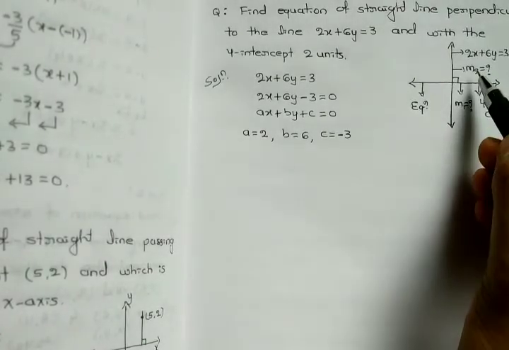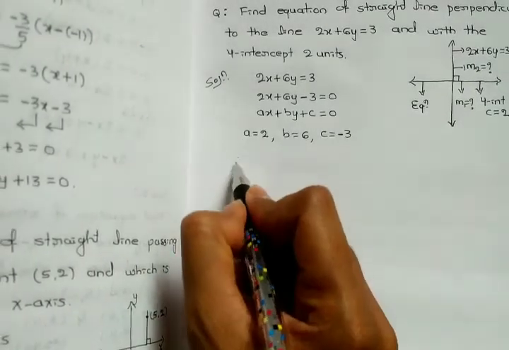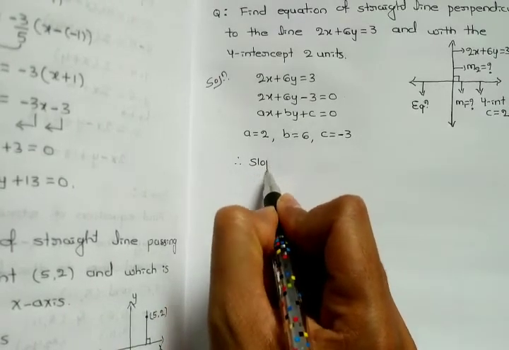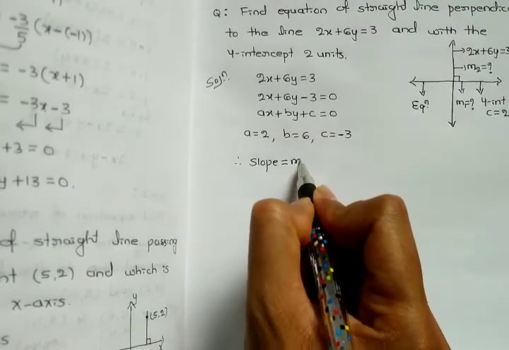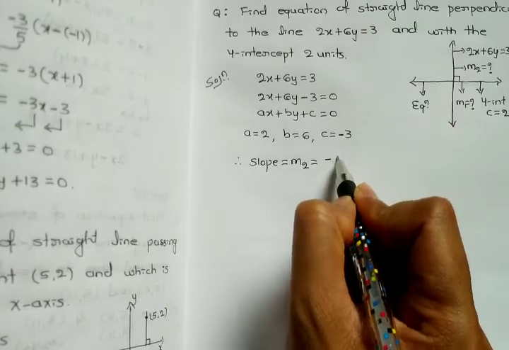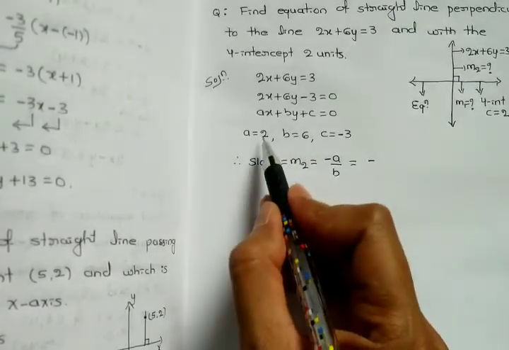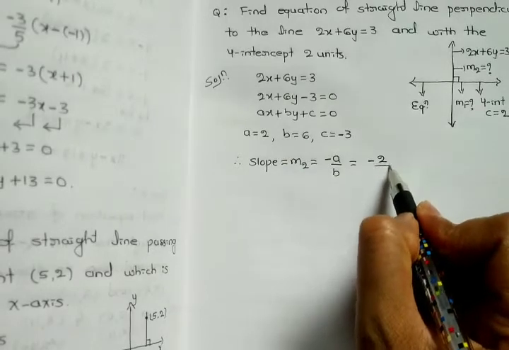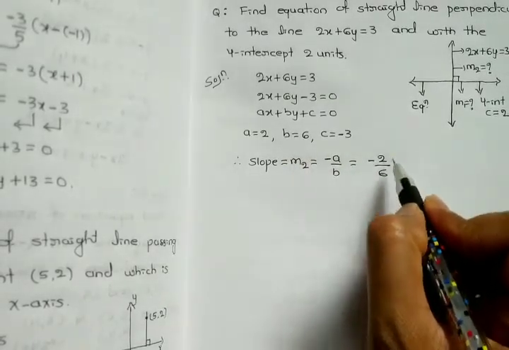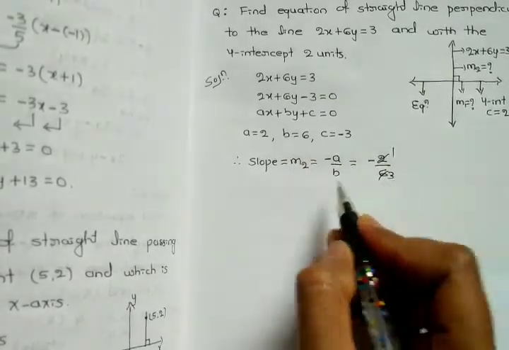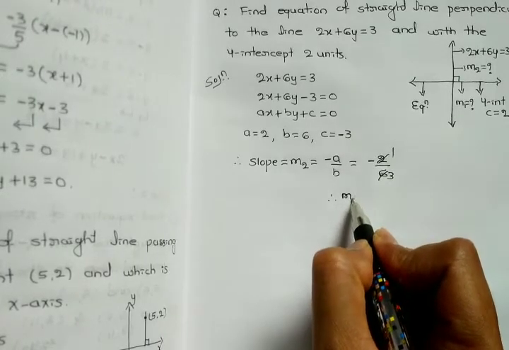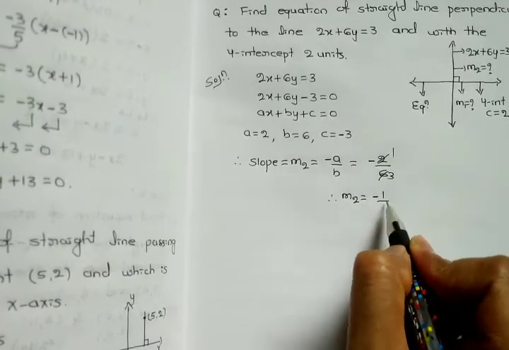Therefore first, which value do we want? Slope. Therefore the slope of the second line, m2, is equal to the formula minus a divided by b. Keep the minus sign as it is, a is 2 upon b is 6. You can cancel by 2: 1, 2, 3. Therefore the m2 value becomes minus 1 divided by 3.